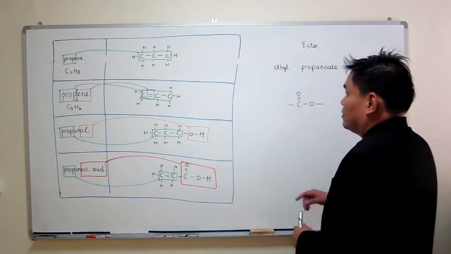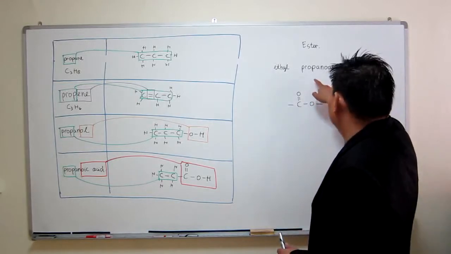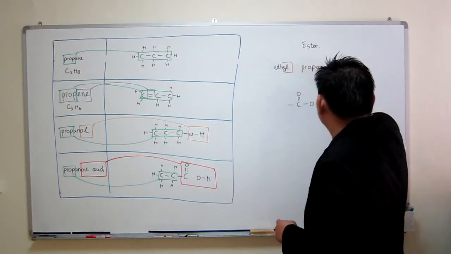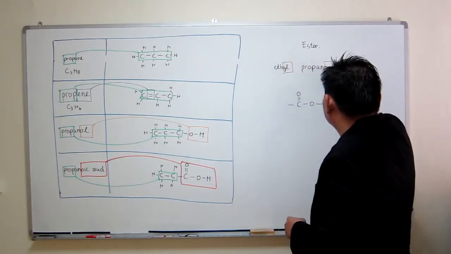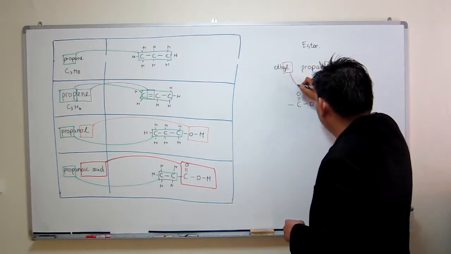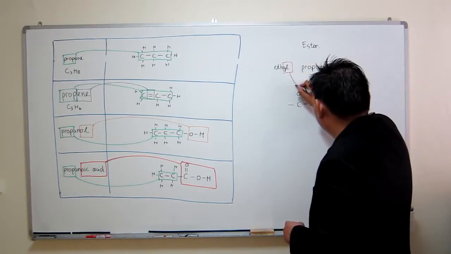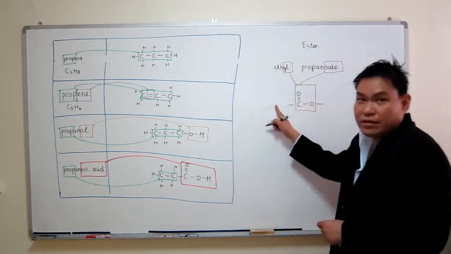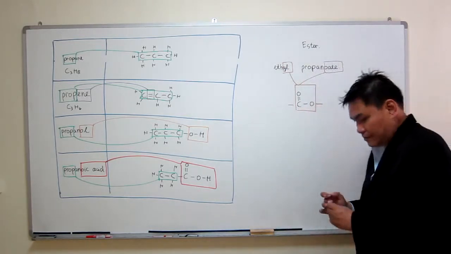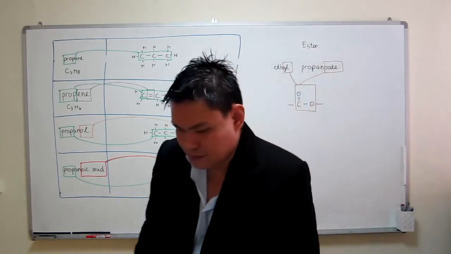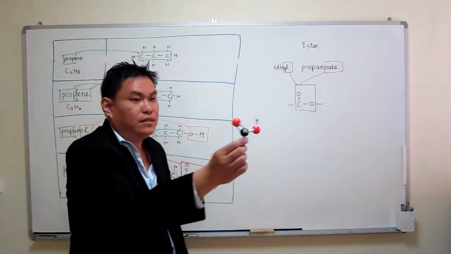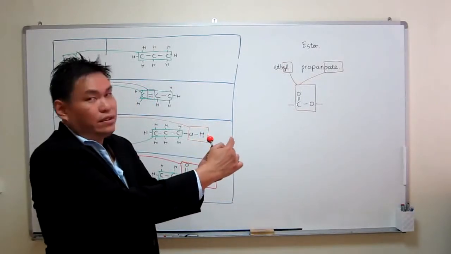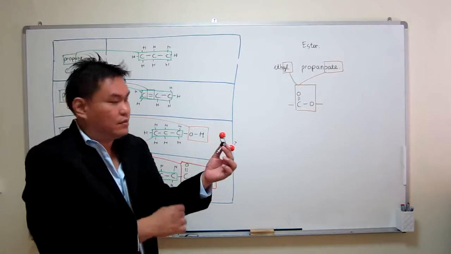The name contains this thing, YL and OATE. It simply means you must have this structure COO, something on the left and something on the right. This is the thing, C double bond O and O. You have 1 connection on the left and on the right.